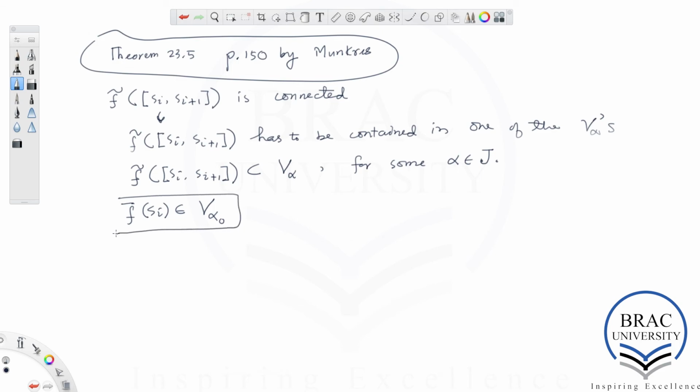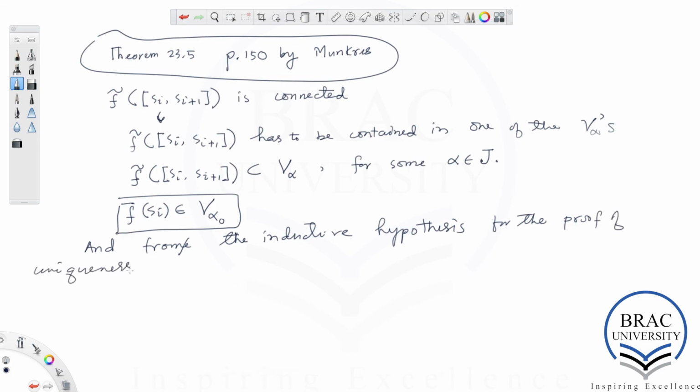And from the inductive hypothesis for the proof of uniqueness, F bar of s_i is equal to F tilde of s_i, right?